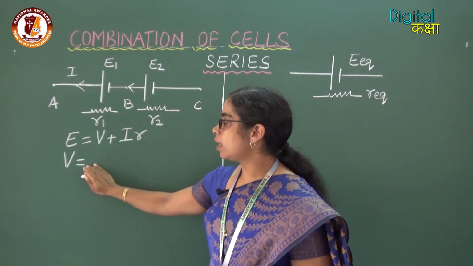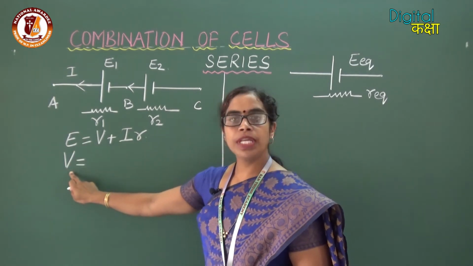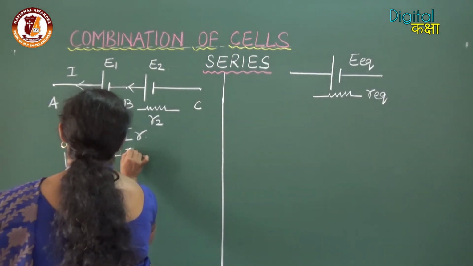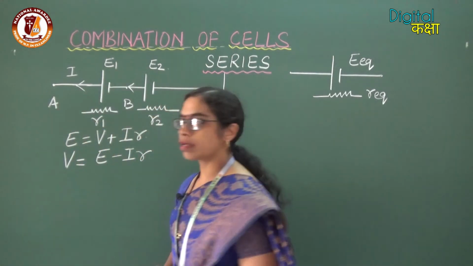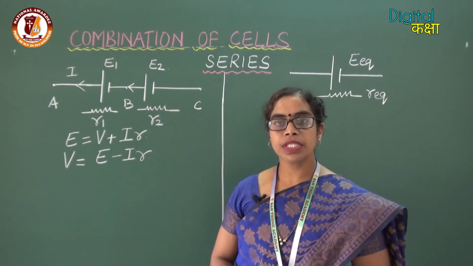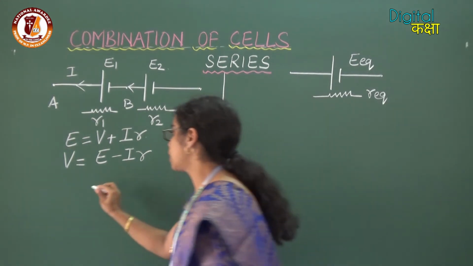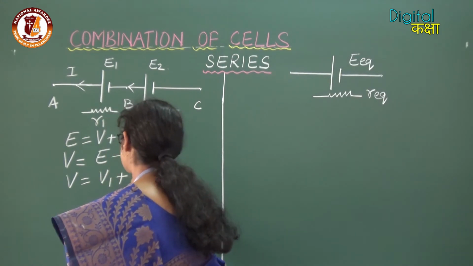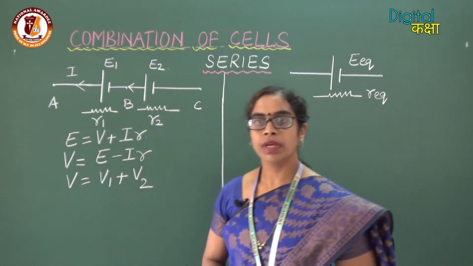From this formula, we can get the value of V to be equal to E minus IR. The total potential difference can be written as V is equal to V1 plus V2.